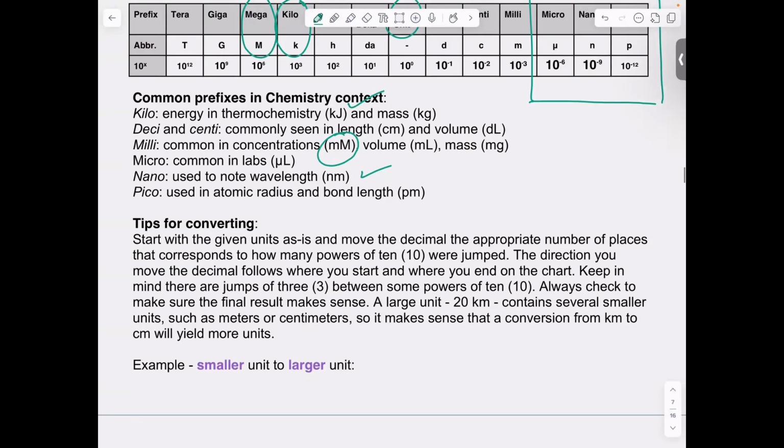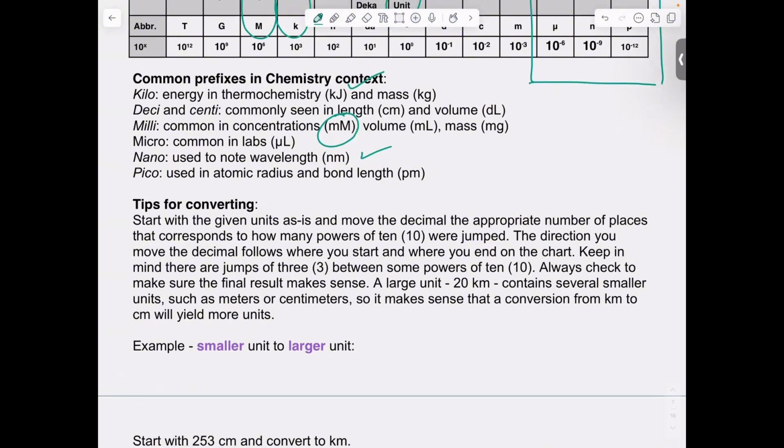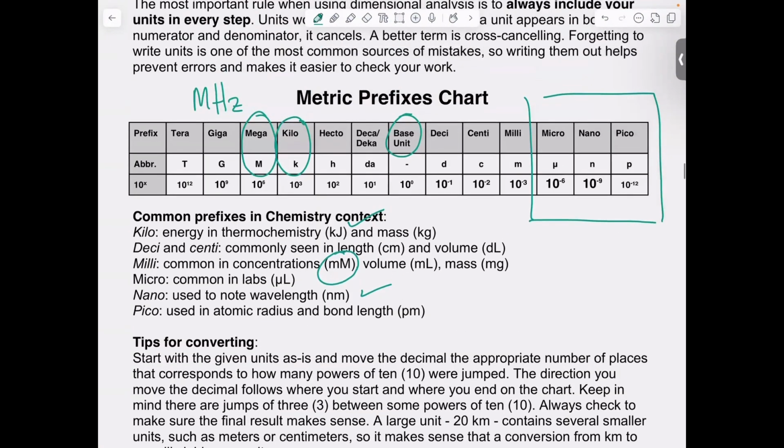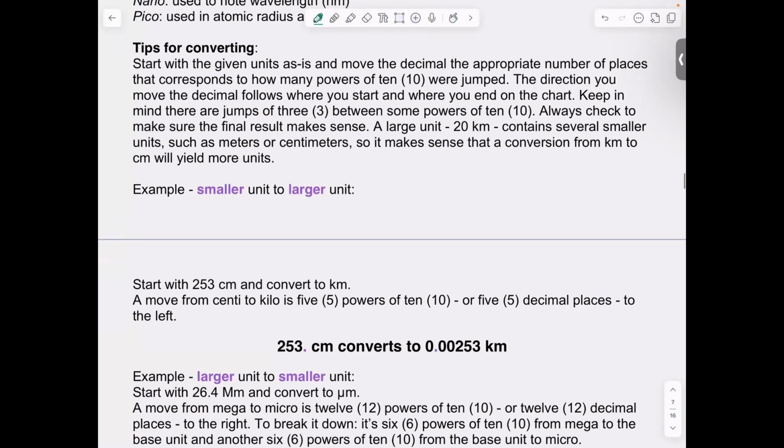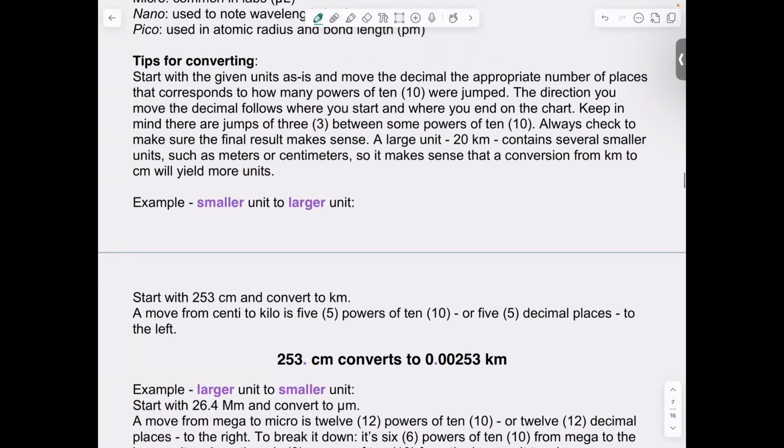Now, tips for converting. I'm going to sum it up in here, after which I'll delete this whole page, or the writings that I put on this page. So one moment. Okay, thanks for waiting there. I'm going to sum up this particular part right here verbally in these two examples.